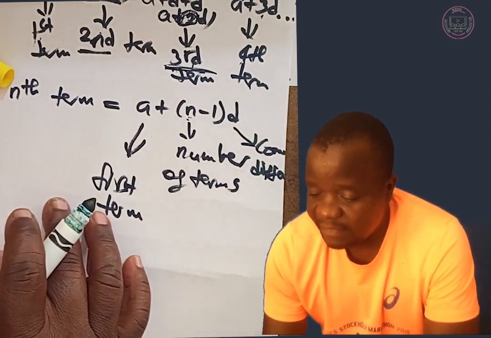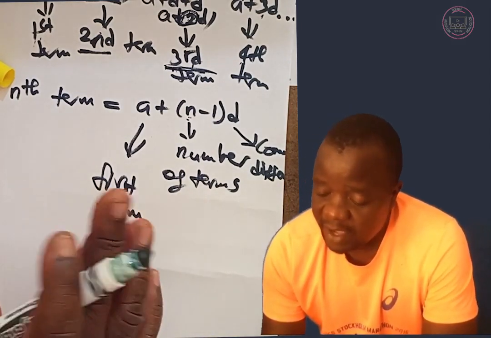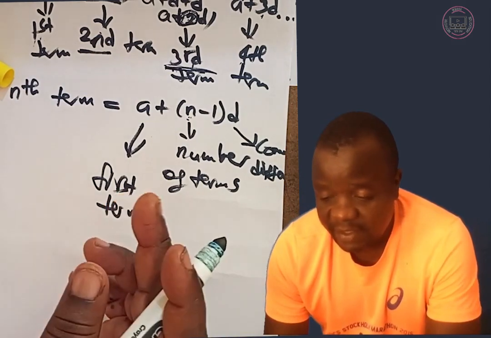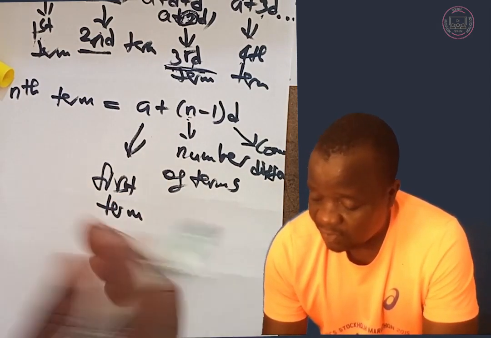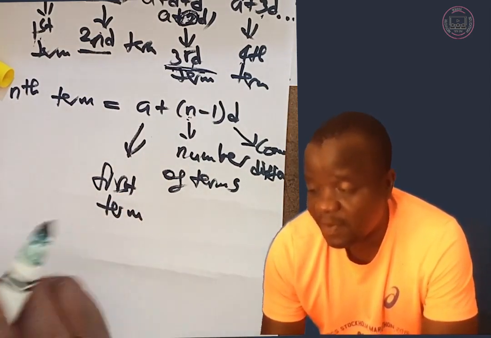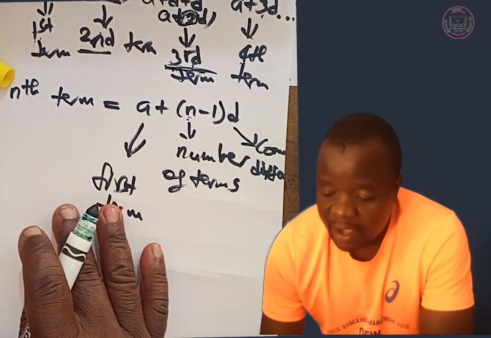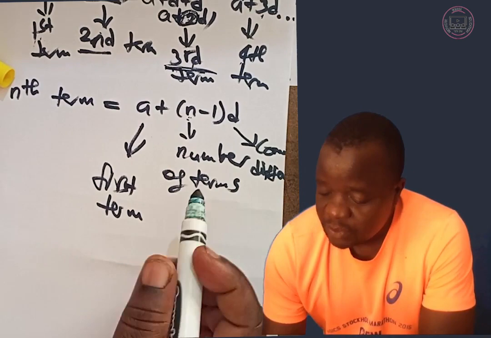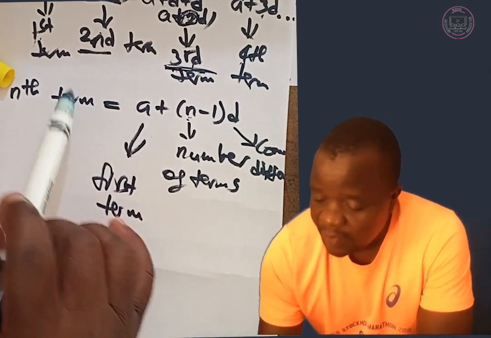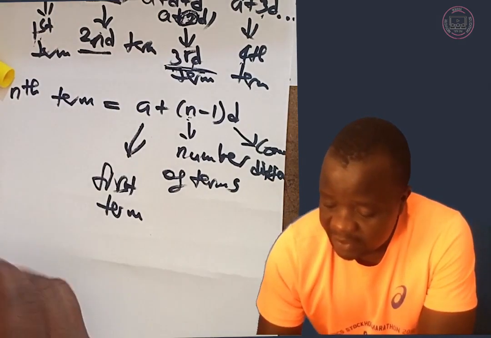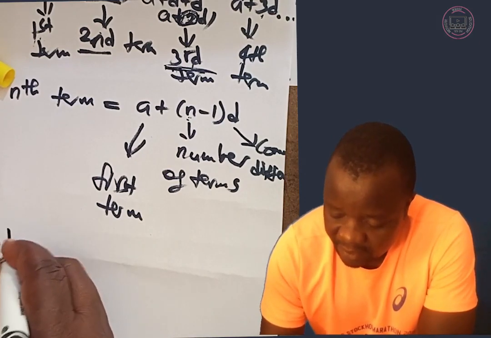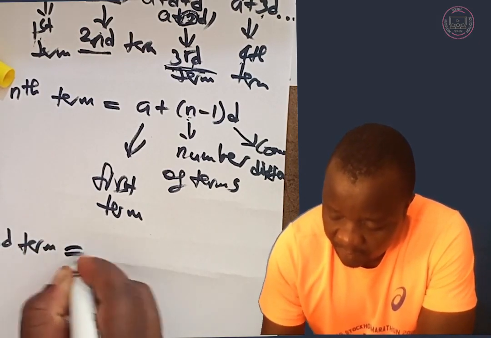For example, in the first place, we had a very short sequence, and to find the next term, we were not struggling. So the nth term formula can help us to find any term that we are looking for. So in this one, for example, to find the second term, we use that one.